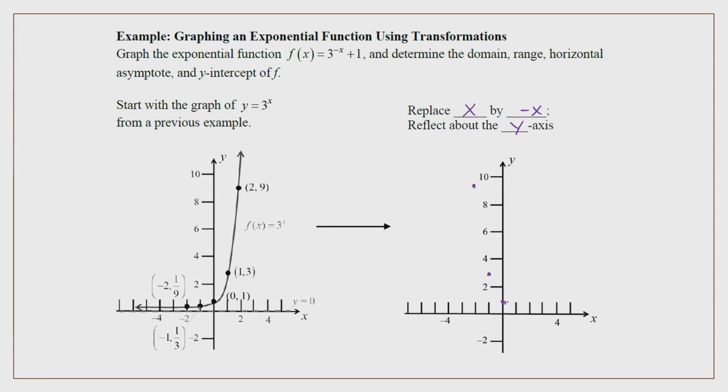And the point -1, 1/3 is now 1, 1/3. That's right here. Okay. And then we have -2, 1/9 is now 2, 1/9. So it's even smaller. All right. And so, let me actually touch the dot there. Let's redo that one.